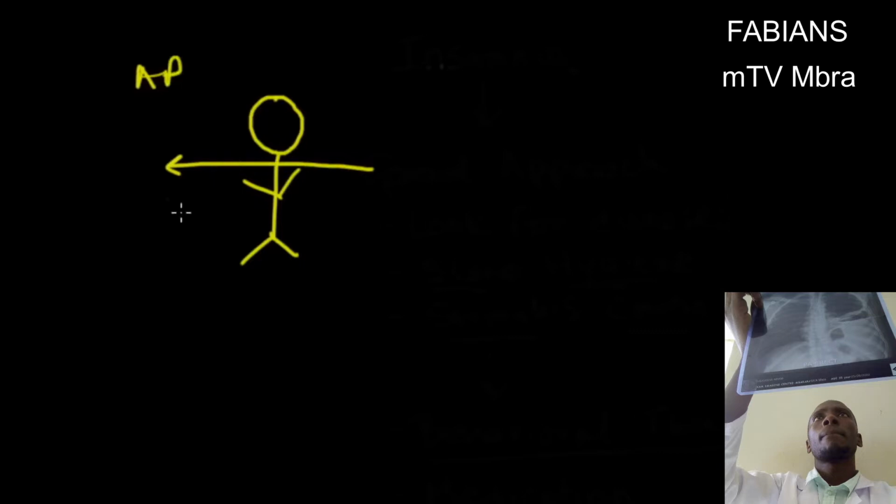Then we have the shooting of X-ray film. We can shoot X-ray film depending on where you put the board for detecting X-rays. We have AP, which is anterior posterior, and PA. When the X-ray detector is put behind the patient, that is AP.